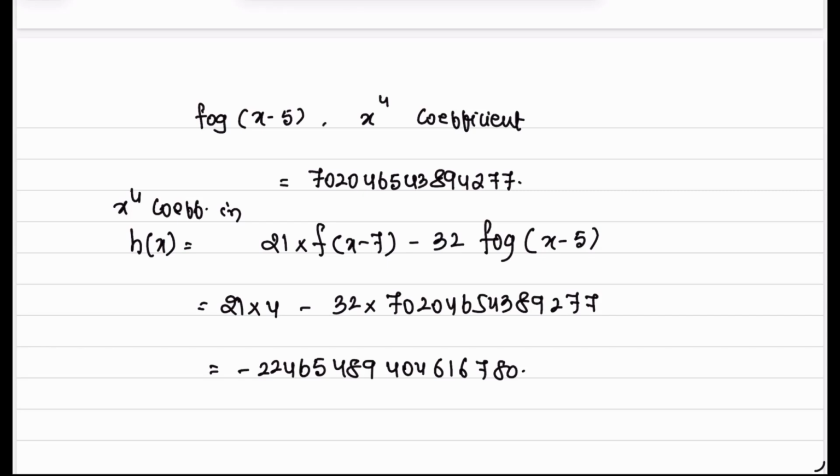You just see, from a simple function of ax to the power of 4 plus bx cube plus cx square plus dx, or ax plus bx square plus cx cube plus d.